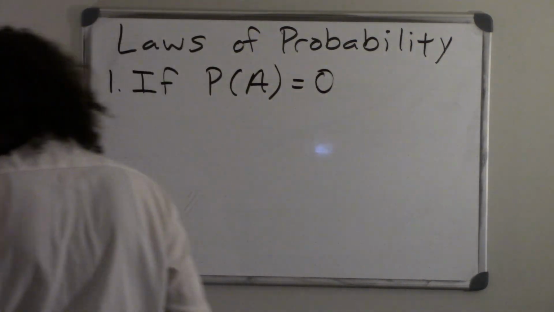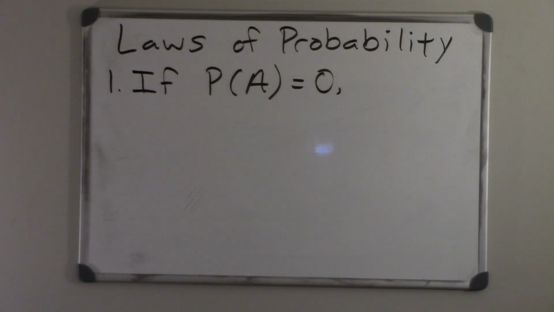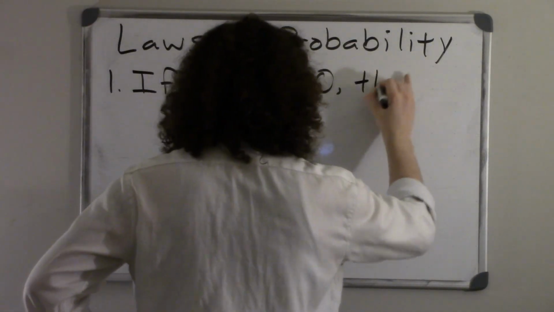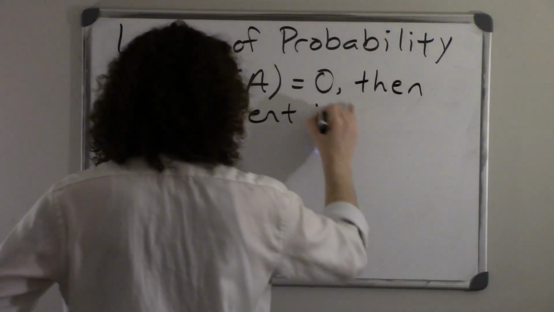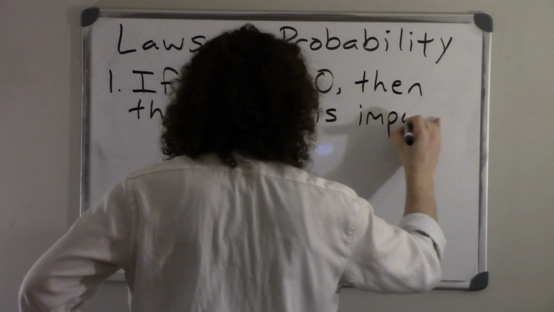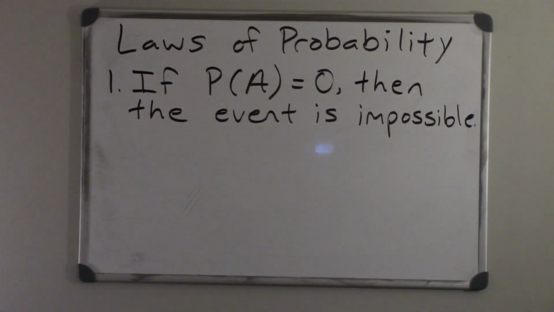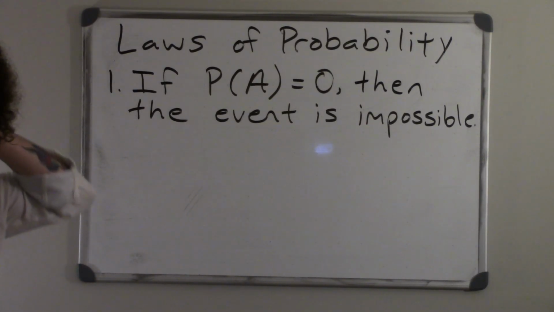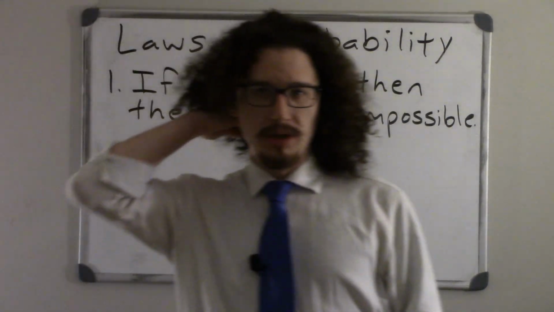All right, so the first law of probability says that if the probability of an event A is 0, then the event is impossible. Right, and this makes sense, especially if we think back to how we're going to calculate these probabilities, especially the classical approach to probabilities.